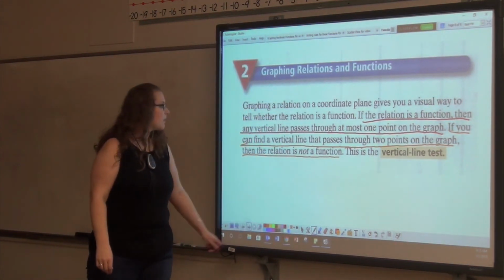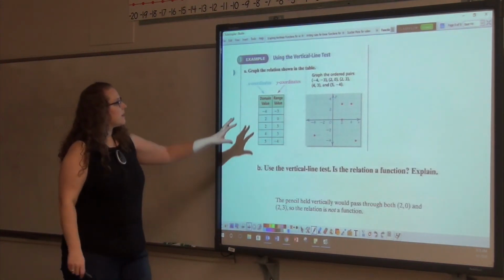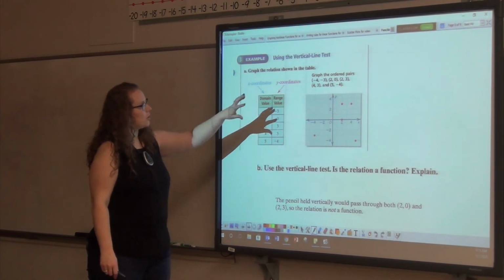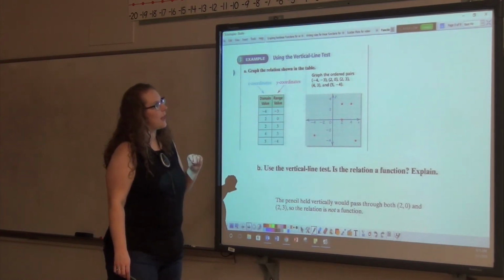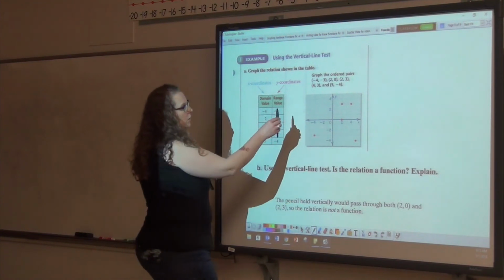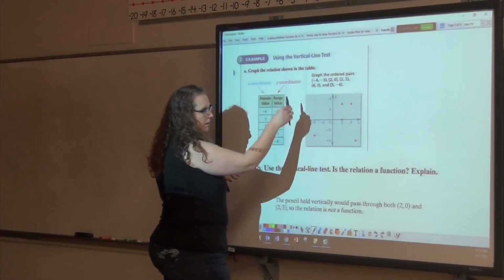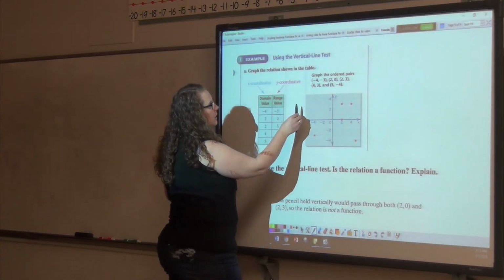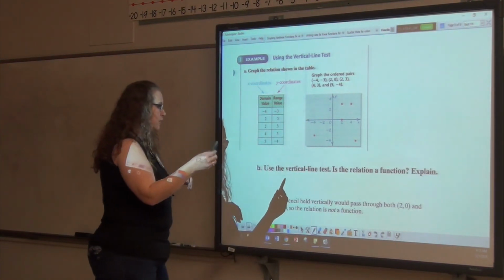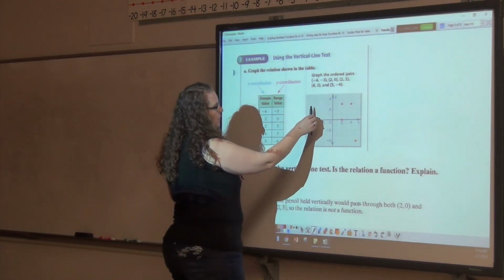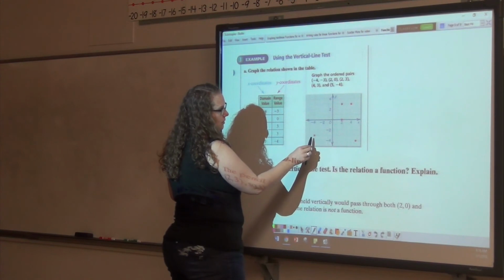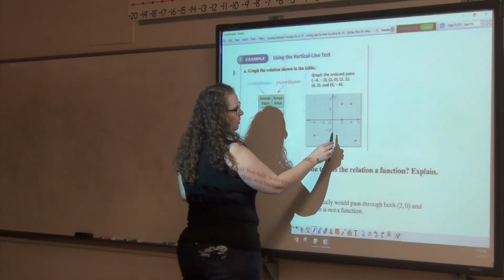All right, so let's look at this. This chart is graphed onto that coordinate plane. So we're going to take our vertical line, vertical goes up and down, and we're going to see if it is a function. So if we hold it this way, right there, we only hit that point. Nothing, nothing, nothing here.